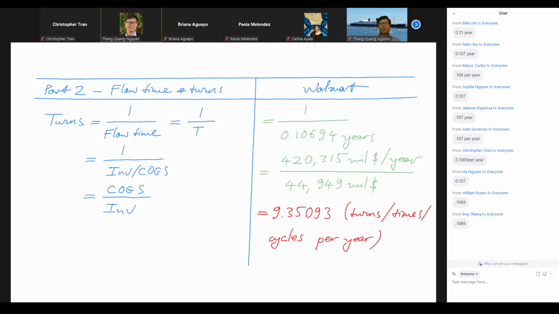How about Target? We know that Walmart is faster than Target, so we know that Target turns will be lower than those of Walmart, right? So at Target, it is 6.251 turns, 6.2 turns in a year. And at Amazon, the turns is 9.8 times in a year, right? So Amazon and then Walmart are very fast retail processes.